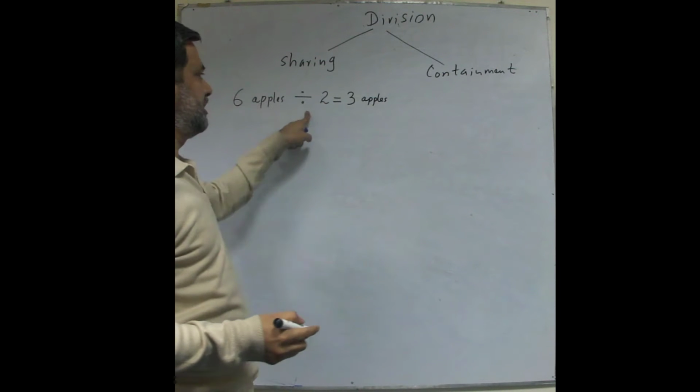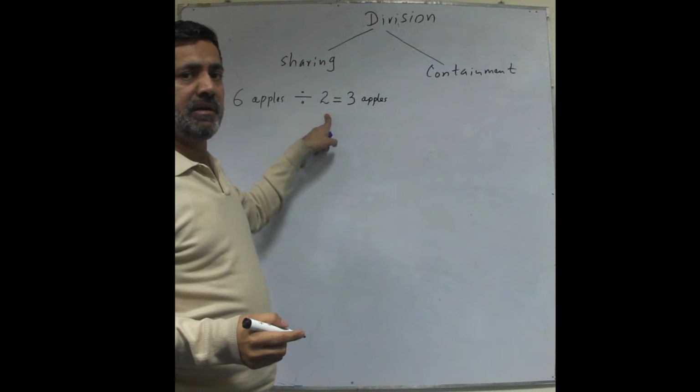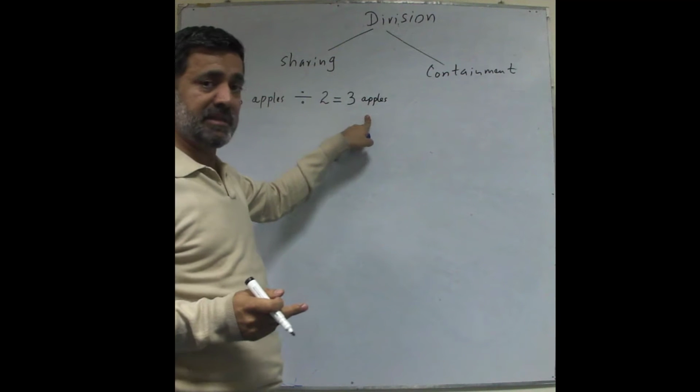Divided among 2 persons equally, so each person gets 3 apples.